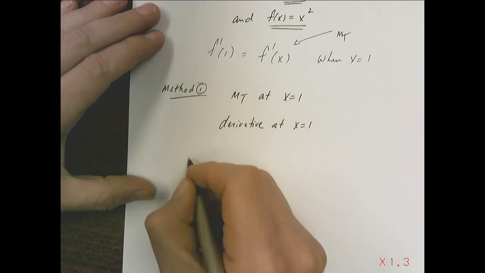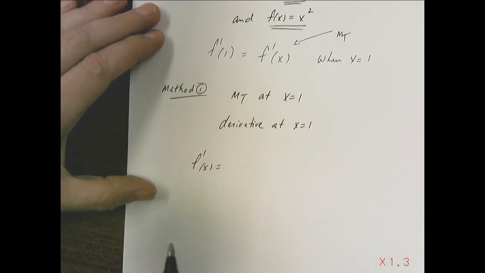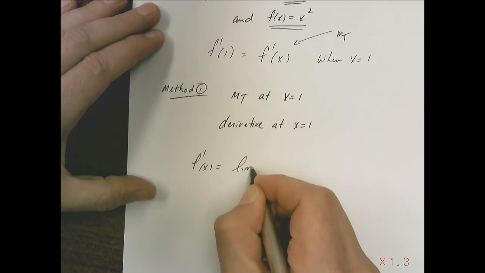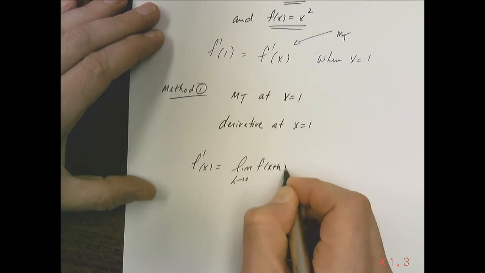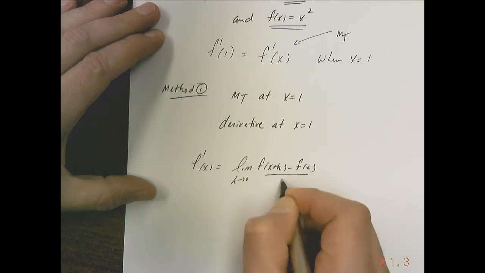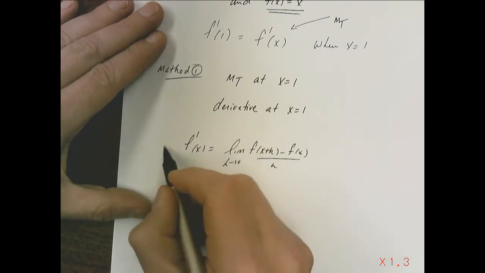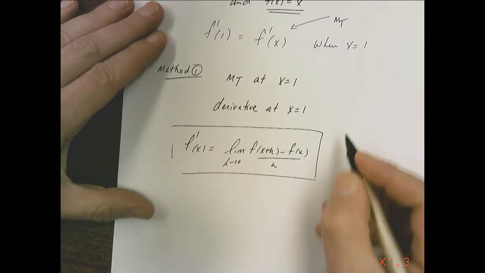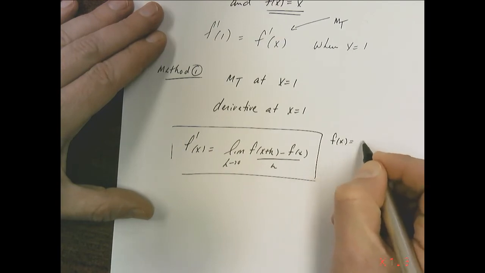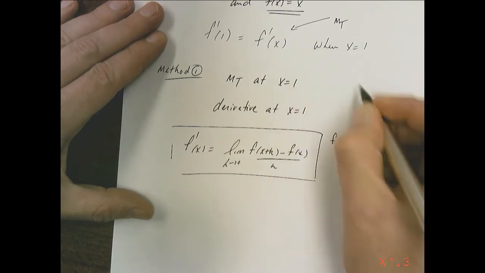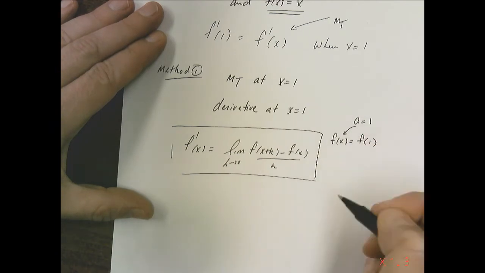So for the derivative, we need to remember that it has a definition. It is the limit as h approaches 0 of f of x plus h minus f of x over h. That is the formula. We don't forget that. We need to know that. So for this particular example, f of x is actually going to be f of 1, because remember, they told us that a equals 1, and that's our x value.